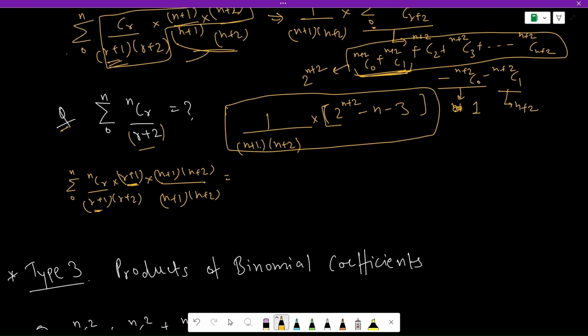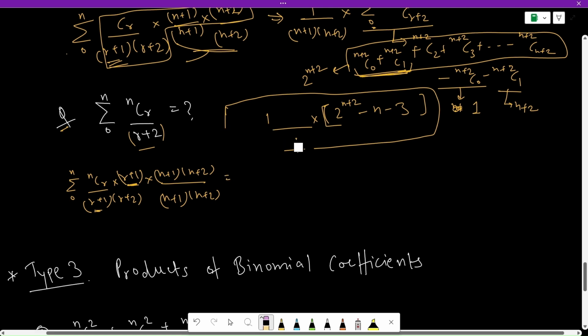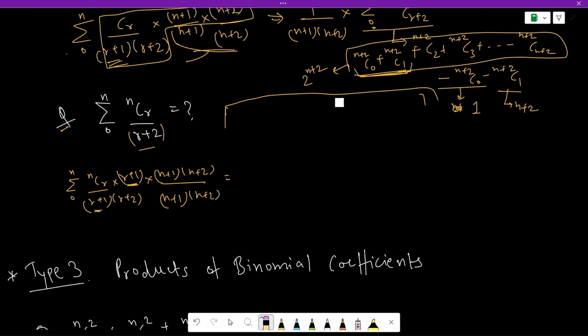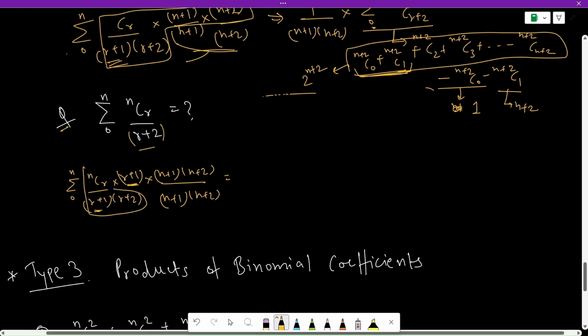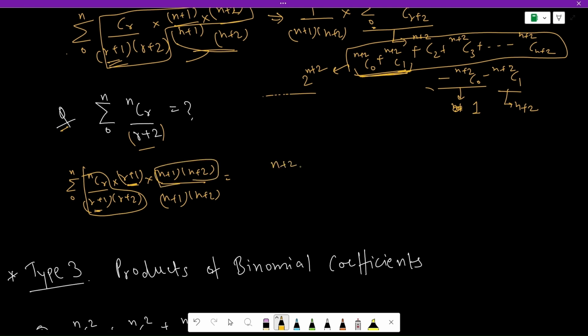Now this is equal to, let me just erase this. So we can just combine all this. So this will be n plus 2 C r plus 2 into (r plus 1) summation, divided by (n plus 1) into (n plus 2), and limits are from 0 to n.